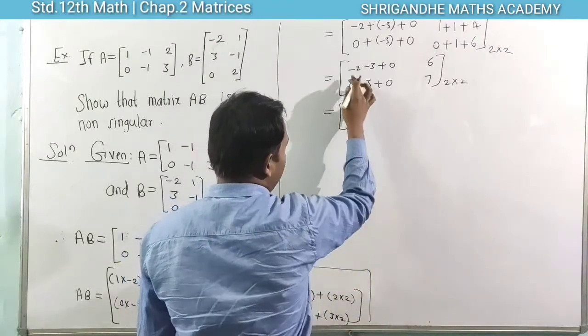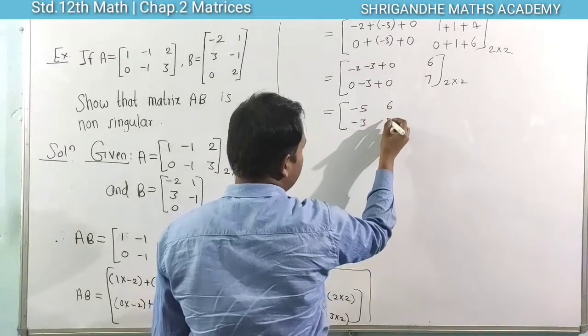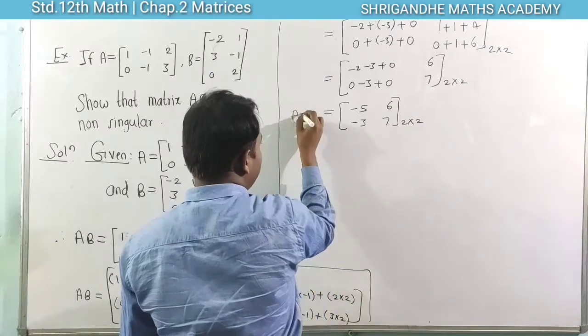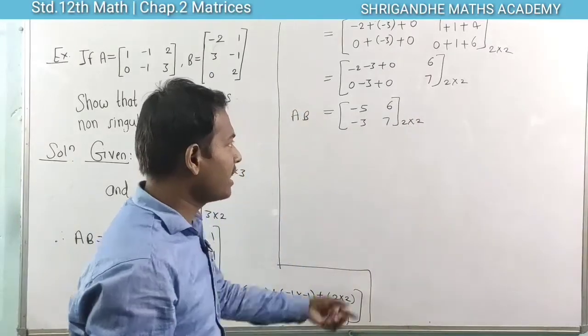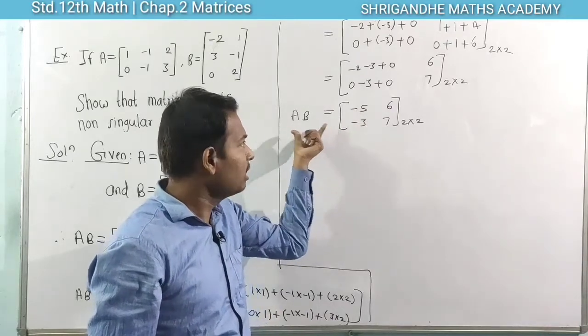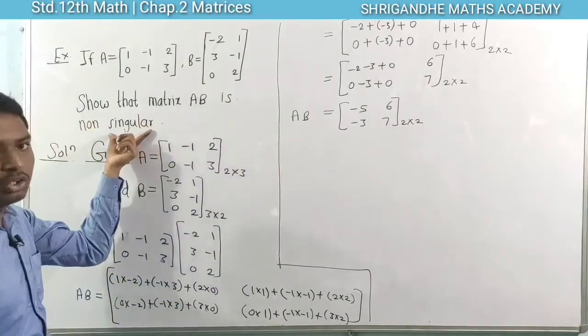That is minus 2 minus 3 is minus 5, 6, minus 3, 7. Now we get the matrix AB is equal to matrix having entries minus 5, 6, minus 3 and 7. Now we find the determinant of matrix AB to check whether it is singular or non-singular.